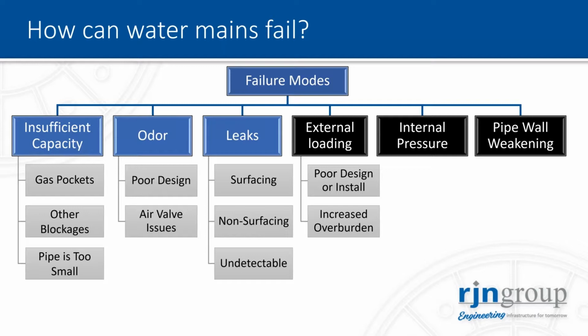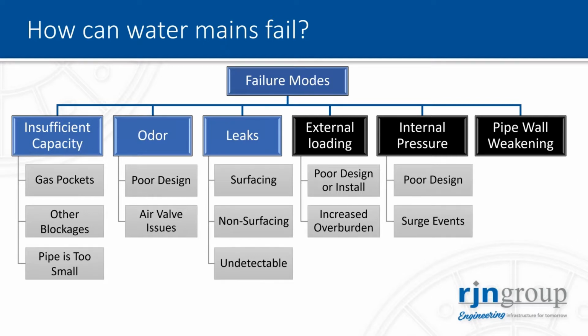And with increased overburden, we're looking for areas where additional fill has been added on top of the pipe, either from developers in the area, changing the overburden, or say Department of Transportation or somebody building roads, or changing the fill on the pipe causing excessive loading.